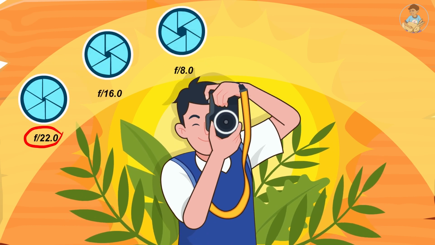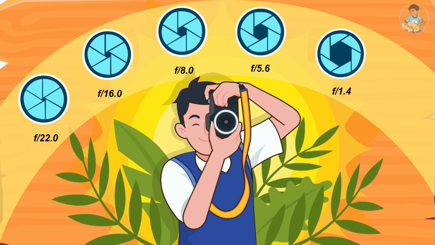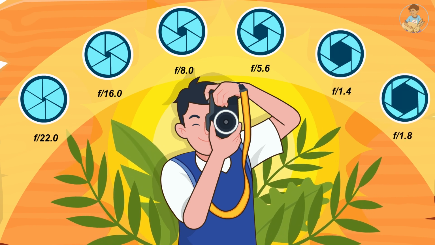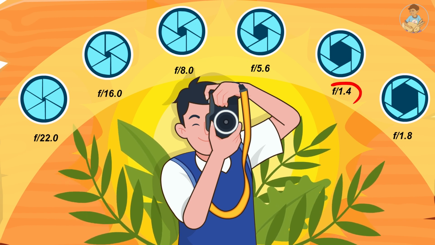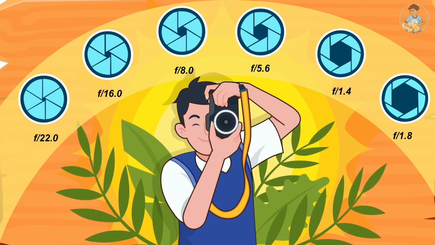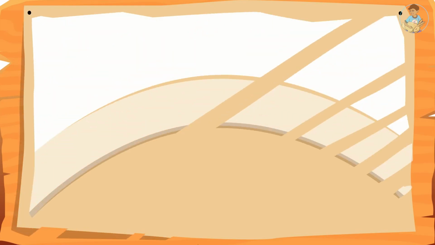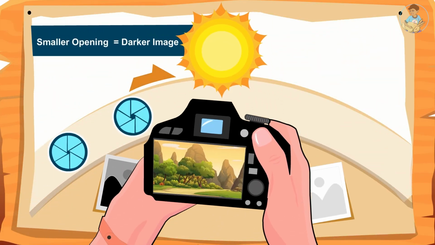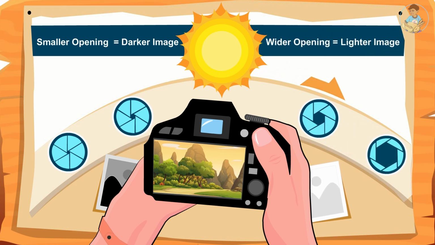For example, f22.0. And similarly, the smaller the f-number, the wider the aperture opening. For example, f1.4. And by now, we all know the drill. Smaller the opening, darker the image, and wider the opening, the lighter the image.